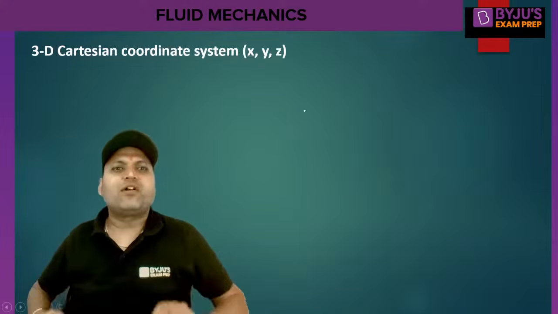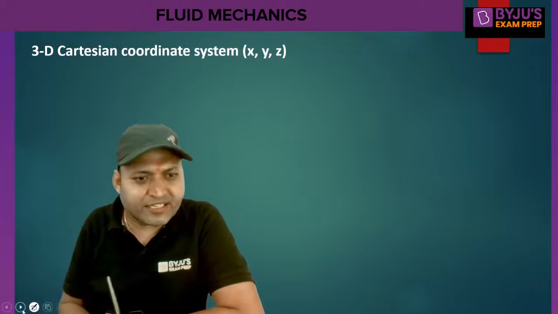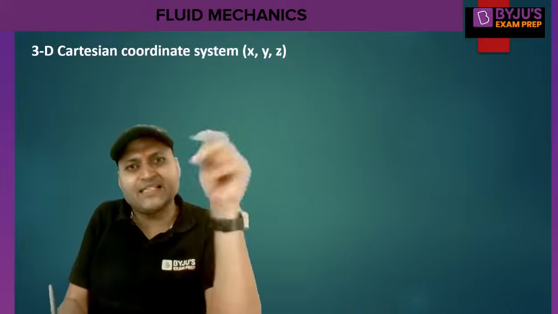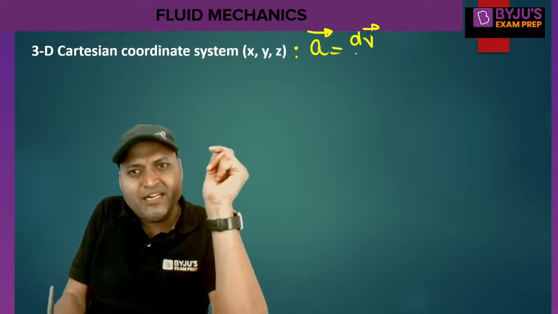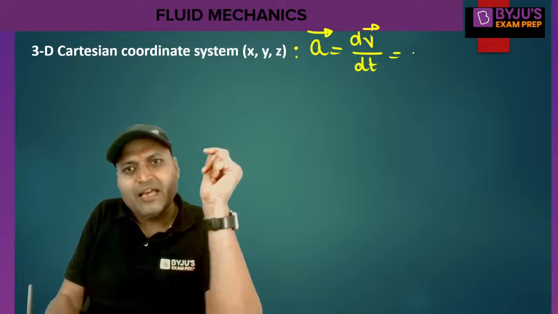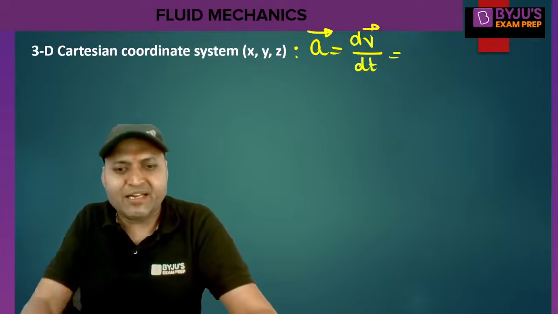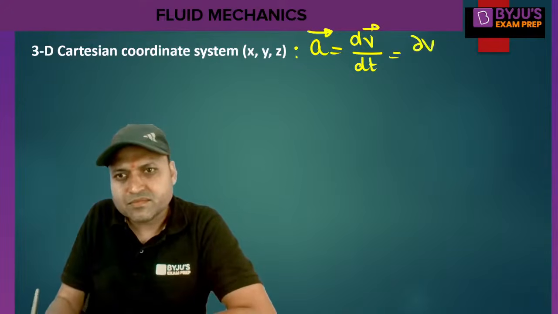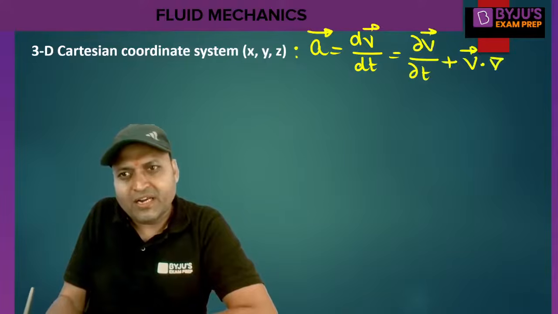And the formula for acceleration for the three-dimensional Cartesian coordinate system, we can say acceleration vector, that is dv by dt, is equal to del v by del t plus v dot del into v.